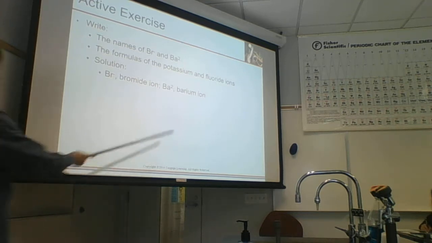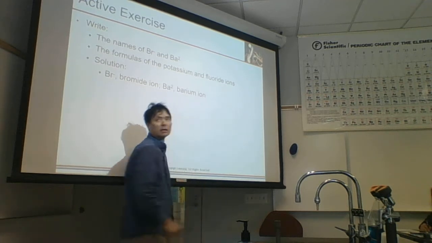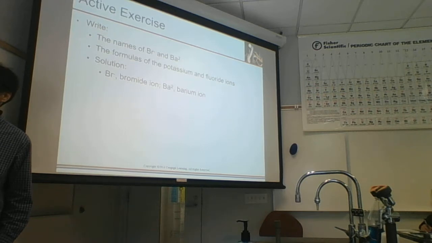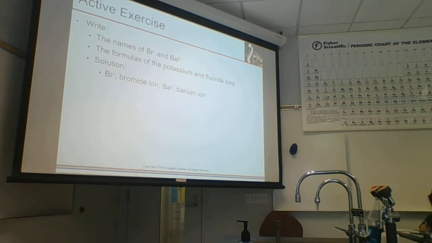And then we look for fluoride. Well, this tells me it's got to be negative fluoride. Fluorine occurs in group 17 or 7, and that charge, a negative charge, will be -1. Fluoride is F-. K+ then.